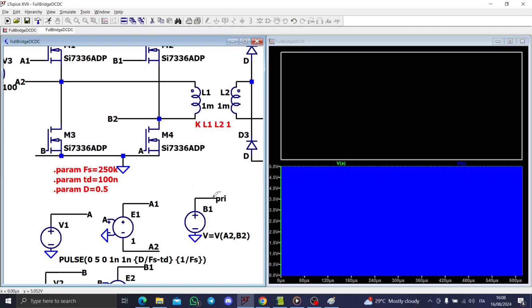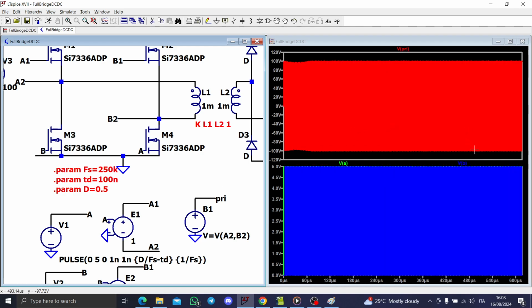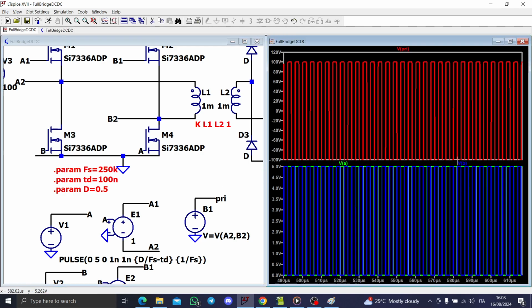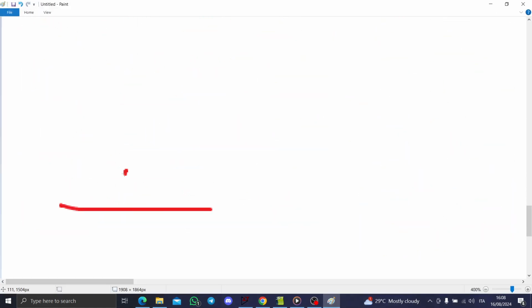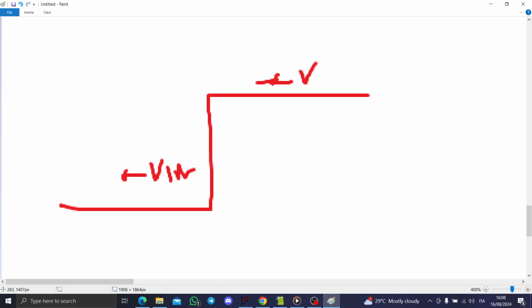Let's first analyze the primary voltage of the transformer. In a full bridge configuration, the primary voltage should be between minus Vin and plus Vin, and the mean voltage is 0. If not, there's something wrong.